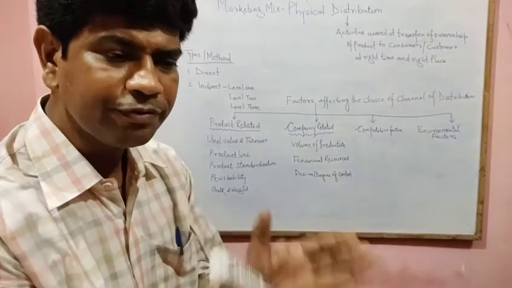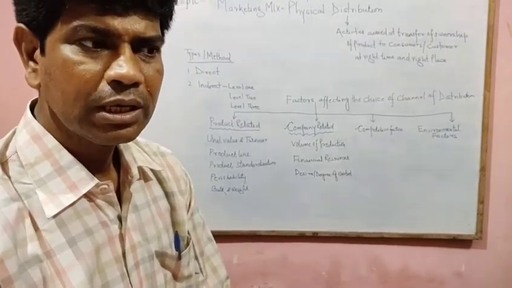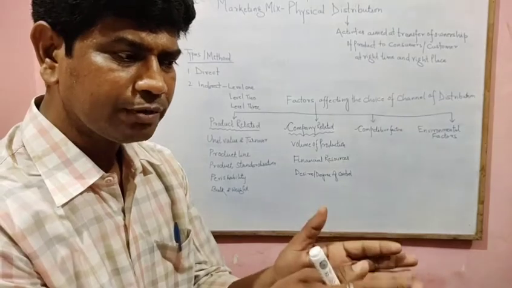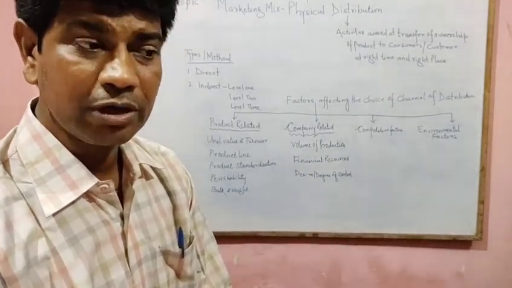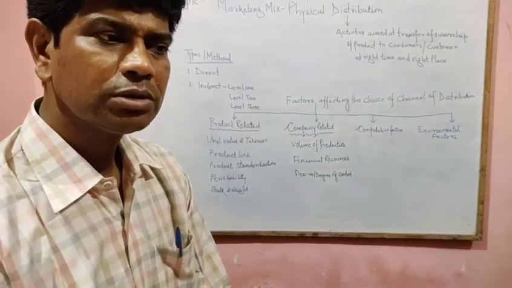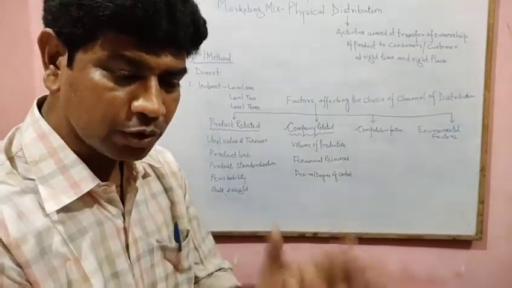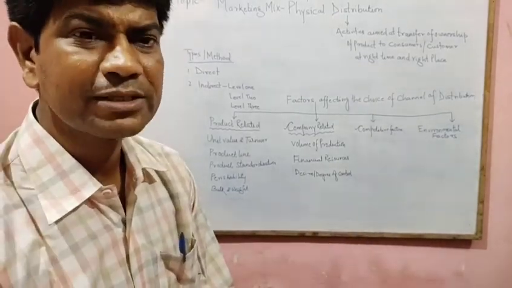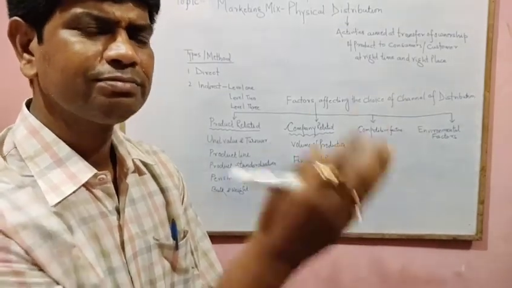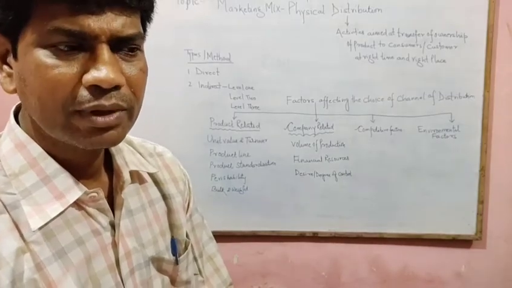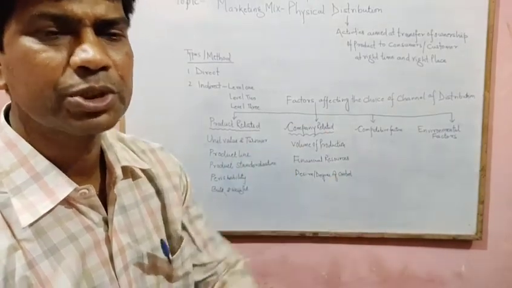They have to be moved physically. There should be involvement of organizations, people, machines and tools, and transport for carrying the goods from one place to another, and therefore a variety of factors affect the choice of distribution channel.